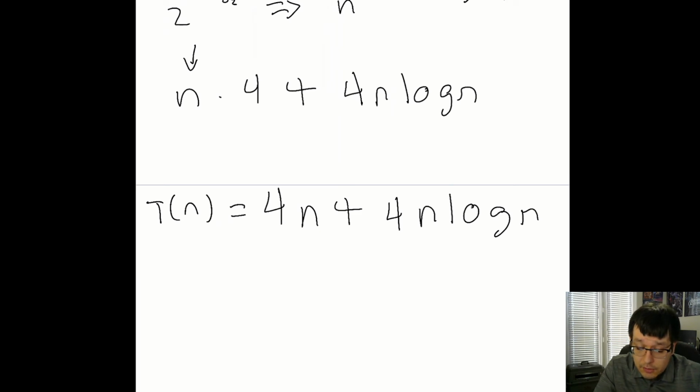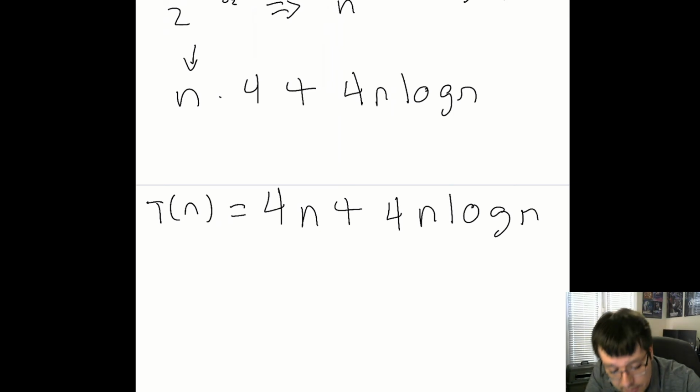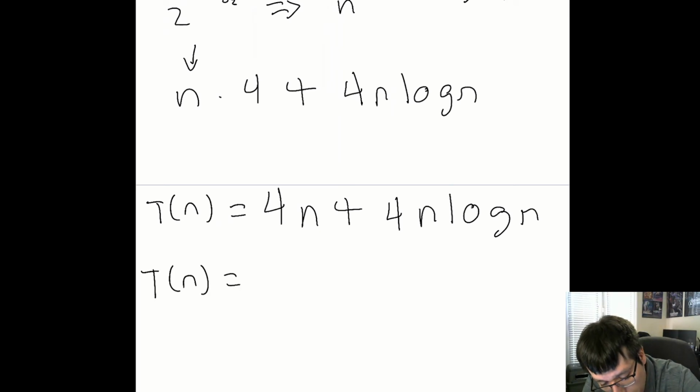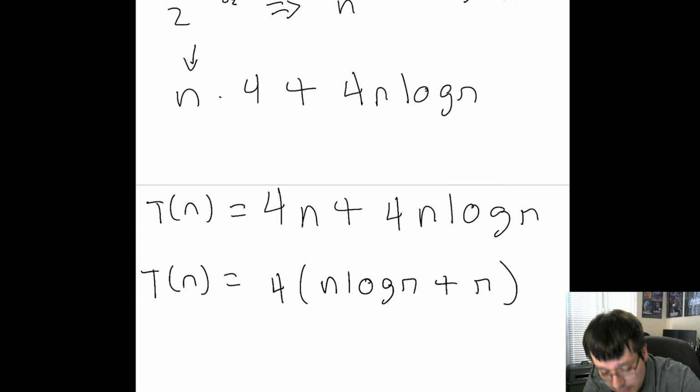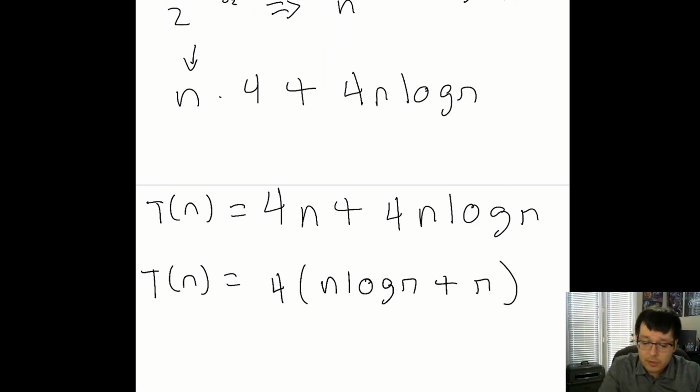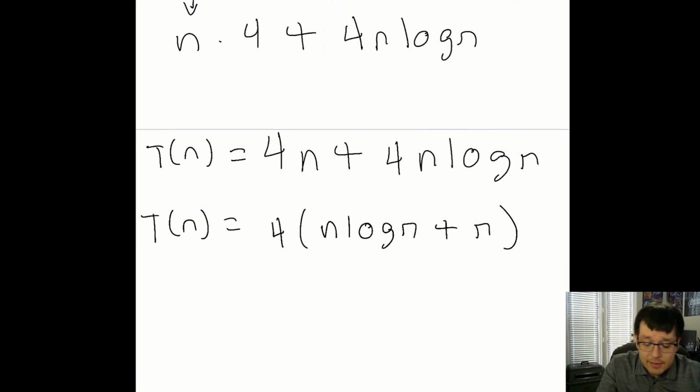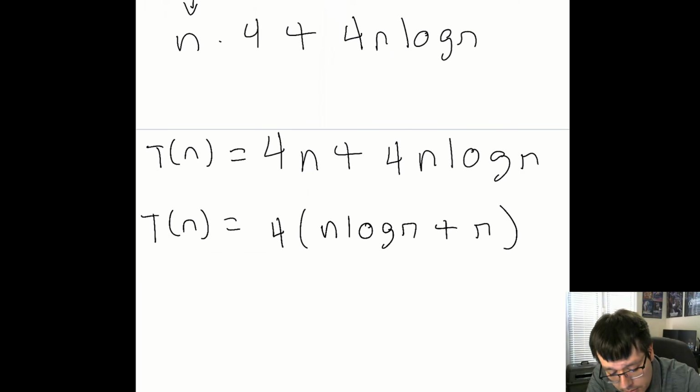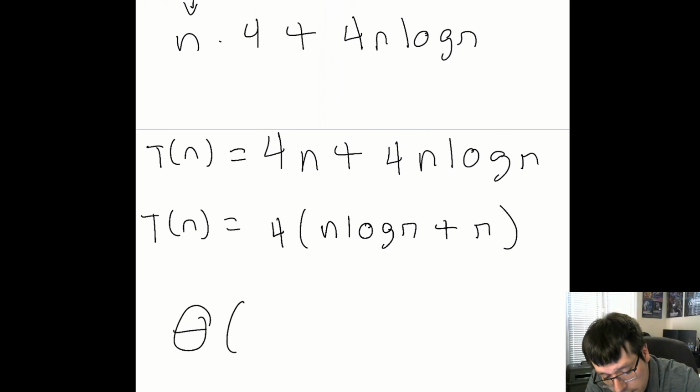So there we go. We are pretty much done at this point. I mean, we could simplify this and take out the 4 if we really want, and say this is equal to n log n plus n. These two are the same term, I just flipped the order. But it doesn't matter, because that is literally your answer. Whichever one you put is perfectly valid. Both of these are correct.